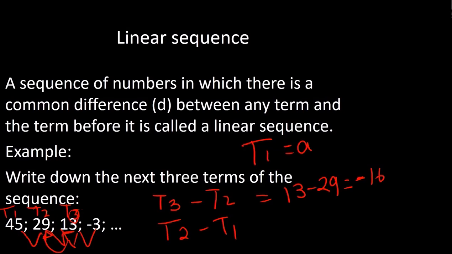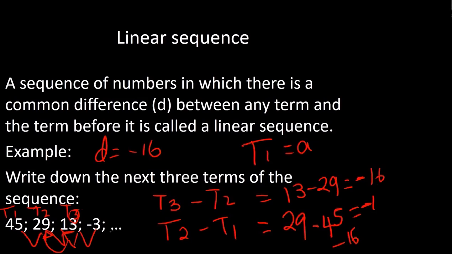You cannot say term 2 minus term 3. You would get the wrong sign for the common difference if there is one. All right. Similarly, you'll say term 2 minus term 1, not term 1 minus term 2. So term 2 is 29 and term 1 is 45. And 29 minus 45, you can double check, is also equal to negative 16. So therefore, this sequence is in fact a linear sequence with a common difference of negative 16.